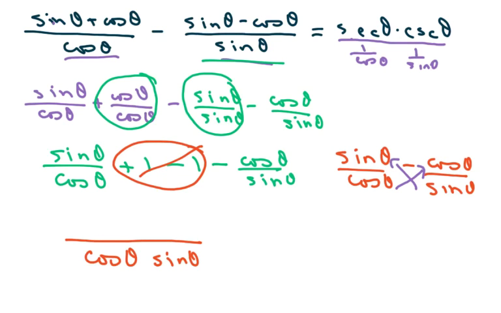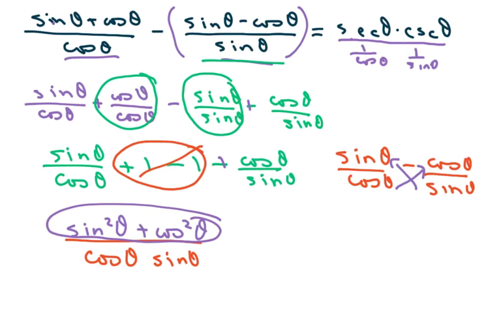And that's going to be, this should have been a plus. Sorry, why did I do that? That should be a plus, because when you do the minus, that will turn into a plus. So you get sine squared theta plus cosine squared theta. And that equals 1. So you have 1 over cosine of theta times sine of theta.